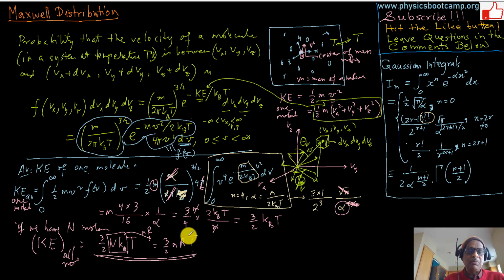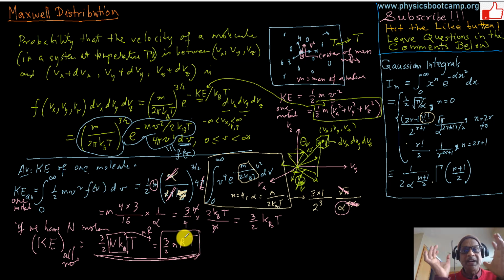So you can see that formula can be derived using Maxwell's distribution. You might say, where does this come from? It's a gas, and using this we can actually derive this. So this is a fundamental way of looking at it.